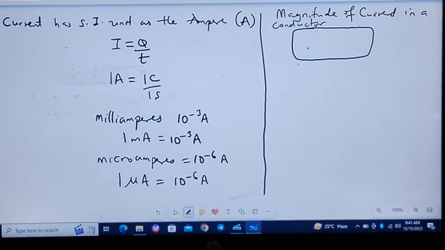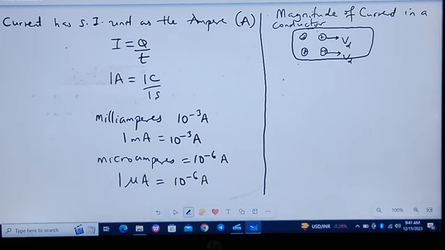So assuming this is a conductor and you have the cross-sectional area as A, these are the charges, and they are moving with a velocity called the drift velocity.